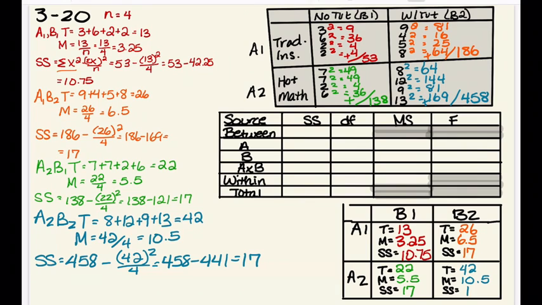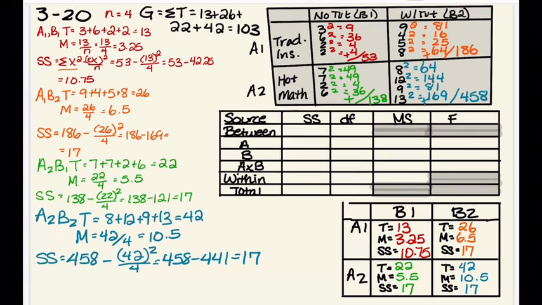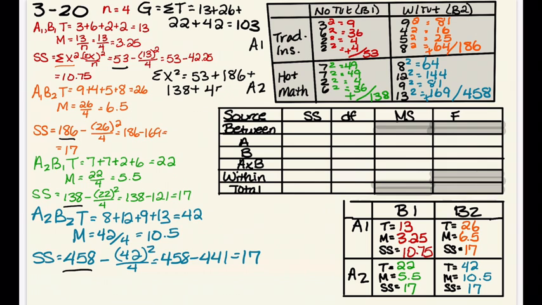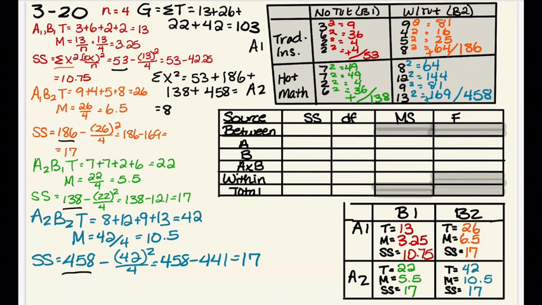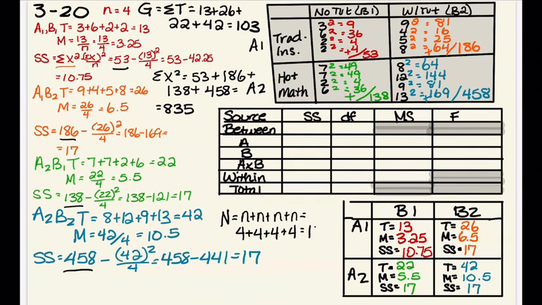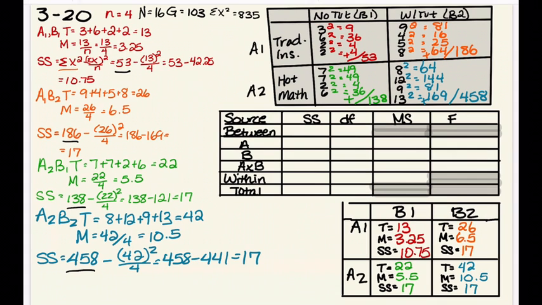Now we can find our grand total, G, which is the sum of all of our T values, and equals 103. The sum of x squared is the sum of the sum of x squared for each treatment condition, and equals 835. Our capital N is the sum of the participants in each treatment condition and equals 16.